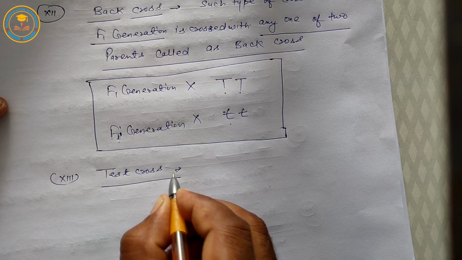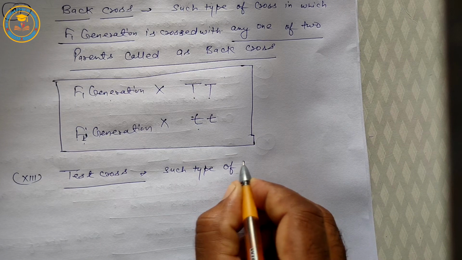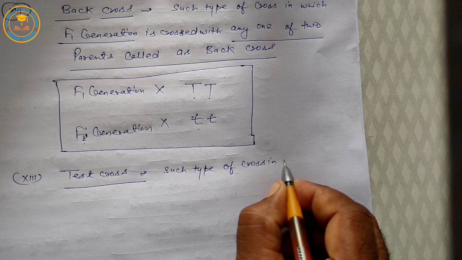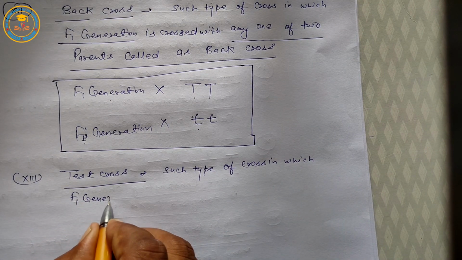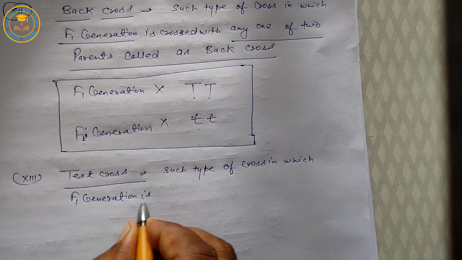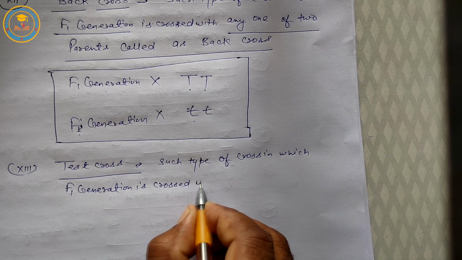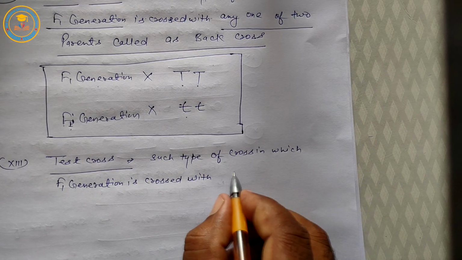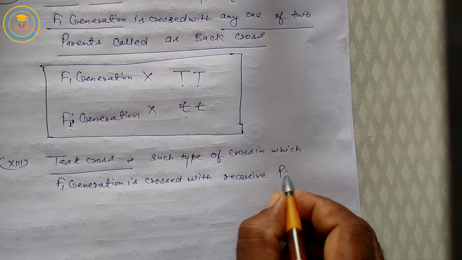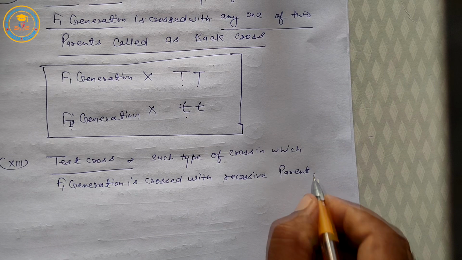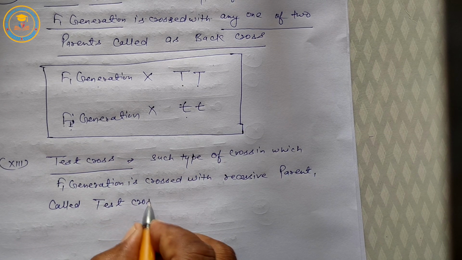Next is test cross. Such a type of cross in which the F1 generation, it means first filial generation, is crossed with the recessive parent only is called test cross.